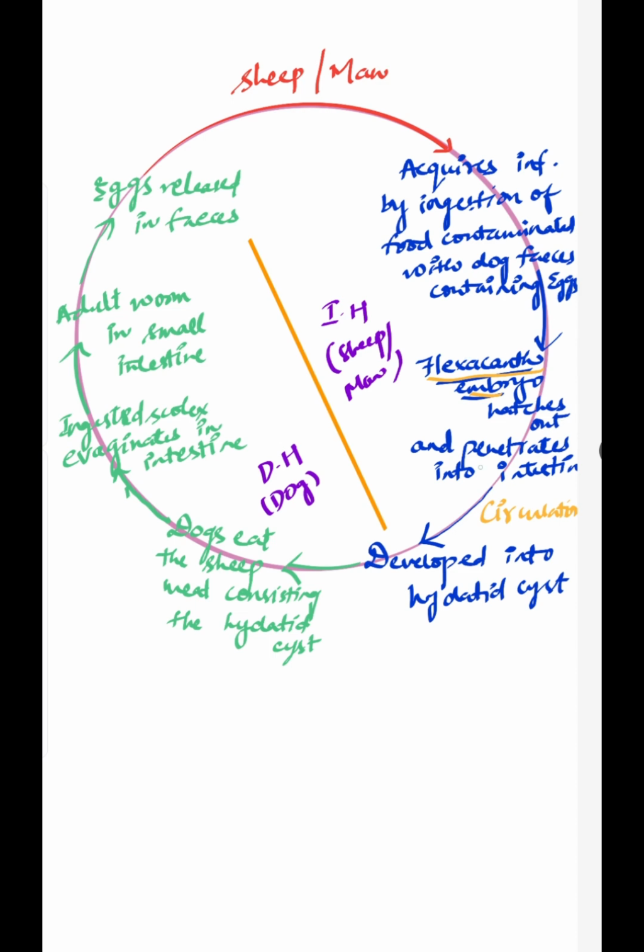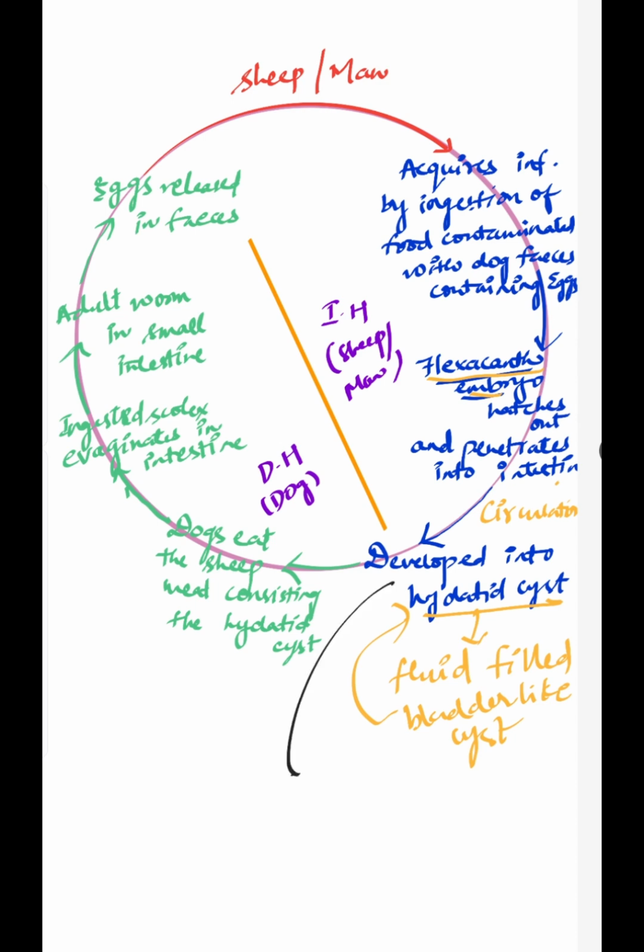That hatches out and penetrates into the intestine, and through circulation it develops into a fluid-filled bladder-like cyst. That is called the hydatid cyst. After that, in the intermediate host, this is the dead end. This is the dead end in man.